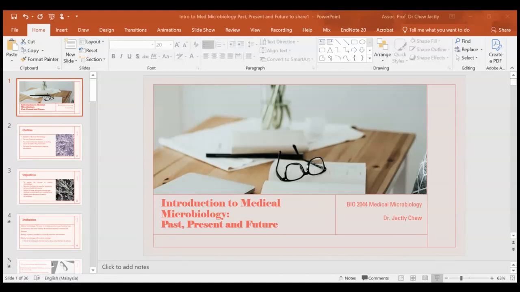The COVID-19 pandemic has taught us big lessons in terms of how ready and prepared we are against a pandemic, and also that knowledge of life sciences is very important. And in terms of the future, what is going to happen? What are the future directions in medical microbiology?